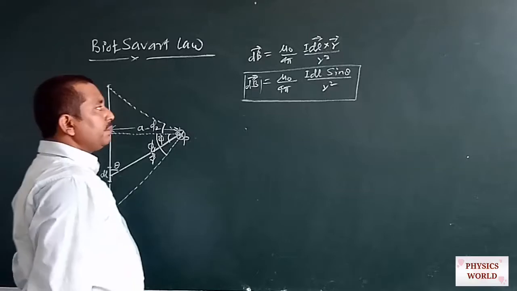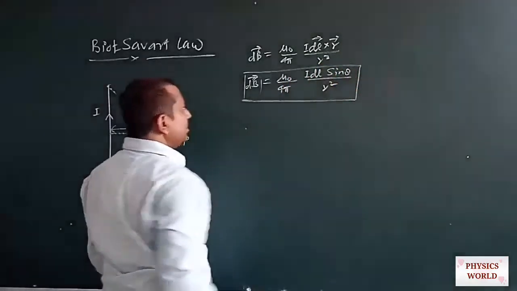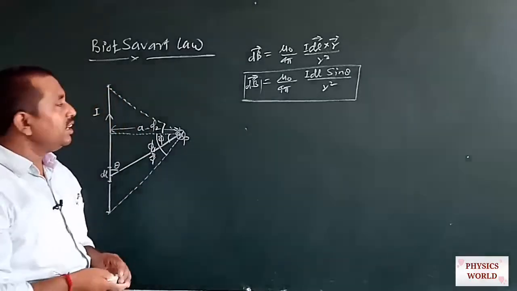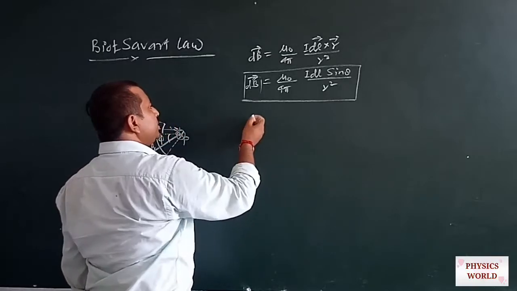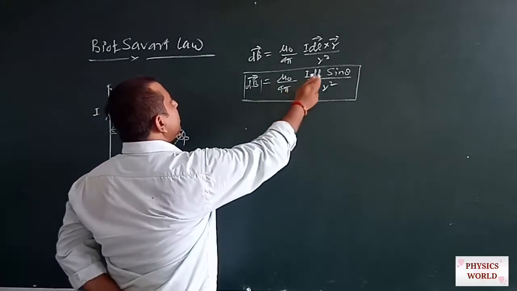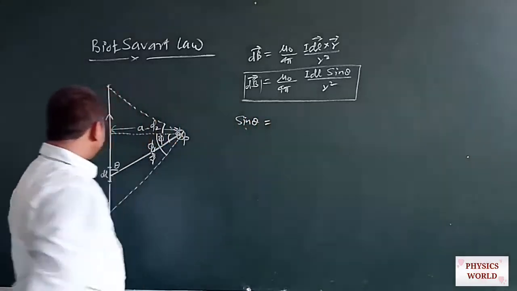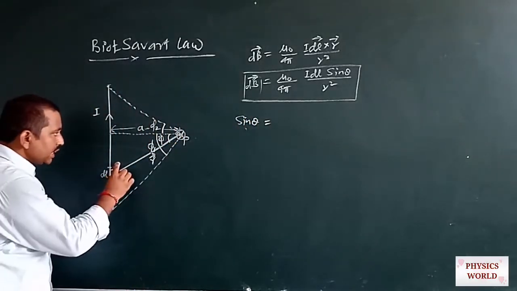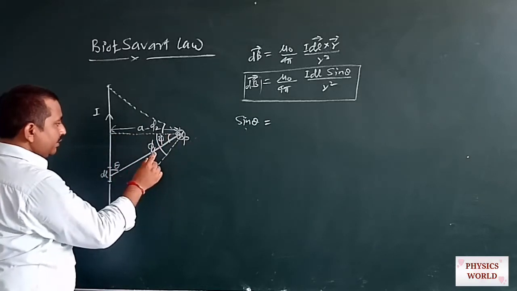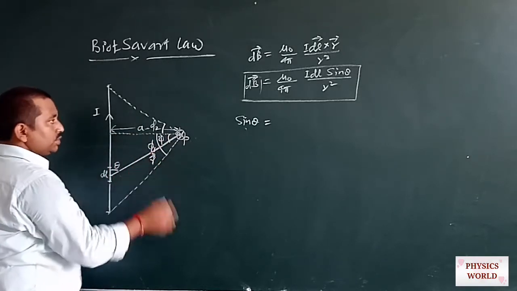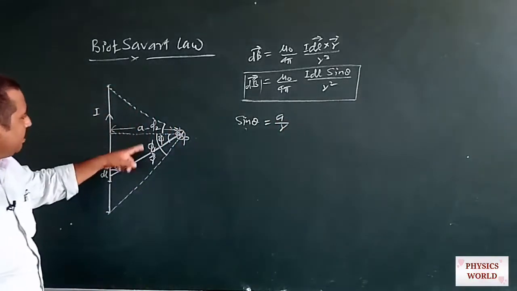So mu 0 upon 4 pi is constant, I is constant, and dl, sin theta and r can be changed with the help of each other. So suppose we take the value of sine of theta. Sine of theta can be taken as perpendicular divided by hypotenuse. So a divided by r.